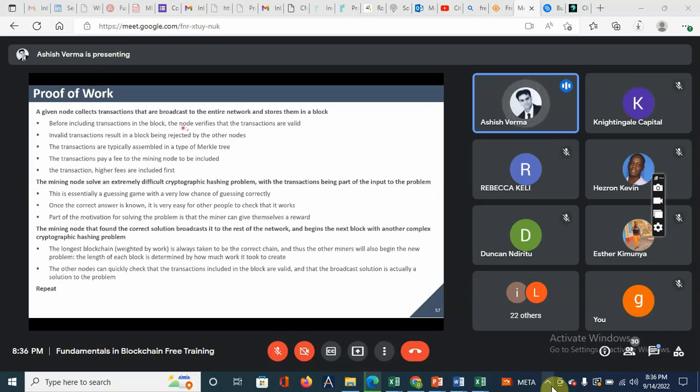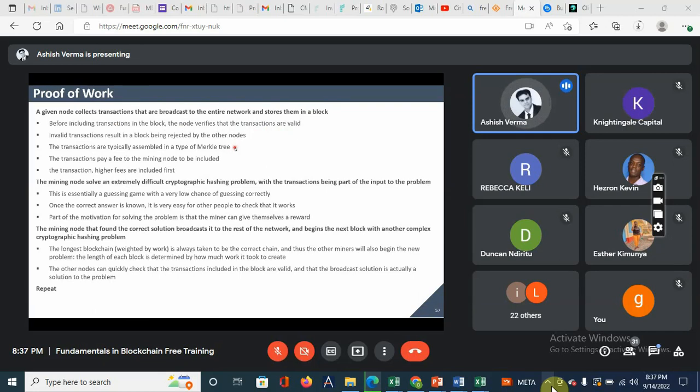Before including a transaction in the block, the node verifies that the transactions are valid. How do they verify? Through the private-public key combination and digital signature. Invalid transactions result in a block being rejected by other nodes. So if they are not able to establish the authenticity, it will simply be rejected and not be added to the block.